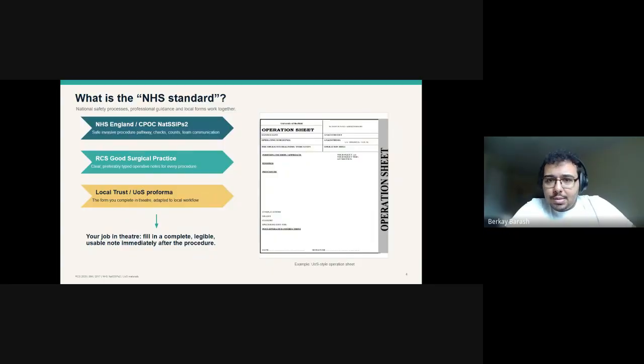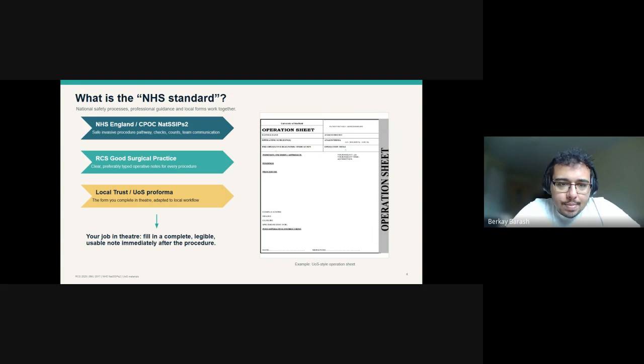The NHS standard when it comes to operation notes is the NHS England CPOC operation sheet that we can see over here, where you have the consultant name, the anesthetist name, the surgery, the anesthesia that has been given, the preoperative diagnosis, and the operation title.